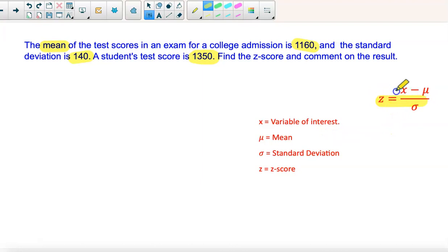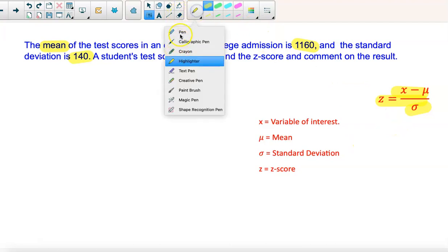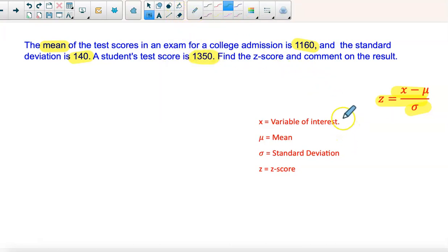So we have a formula to find the z-score and then we have to comment on the result. Alright, so let's just go ahead and identify what is my x here, or you can just write it down there. The mean is my mu, standard deviation is sigma, and this is x, the variable of interest.